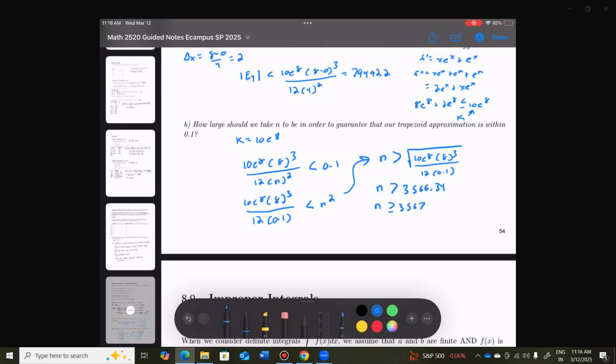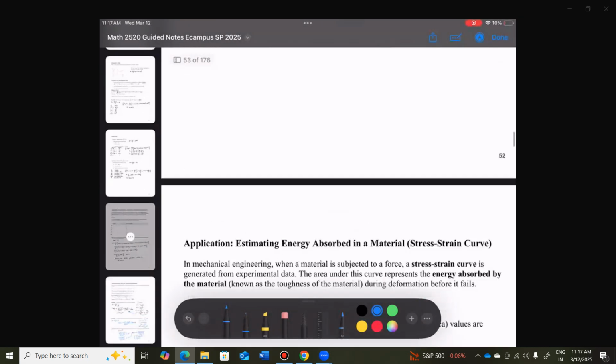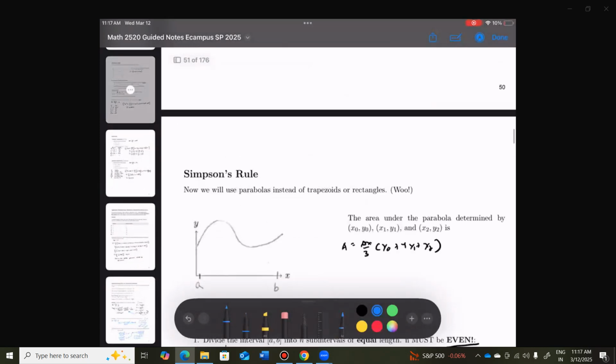Okay, so in all the approximations that we've been doing where n equals 4, the max error has always been really large. If we were to use a large n, like 3,567, our error shrinks down to something really small, and so we wouldn't have something like 9,000 like we did in, which problem was it?